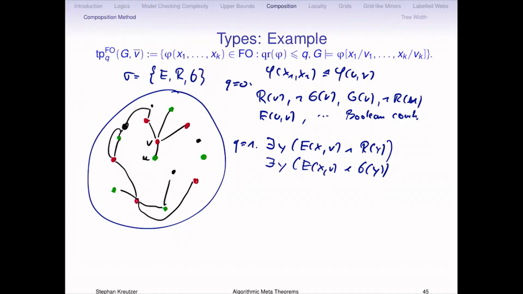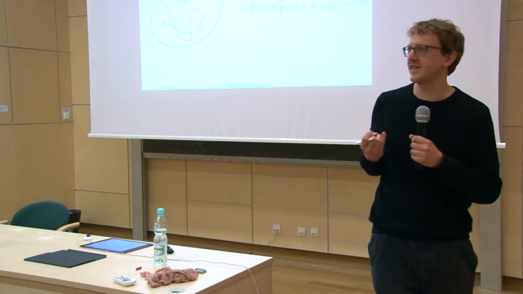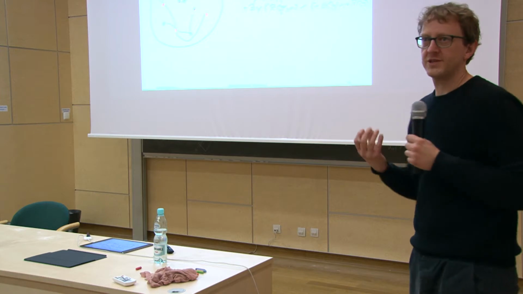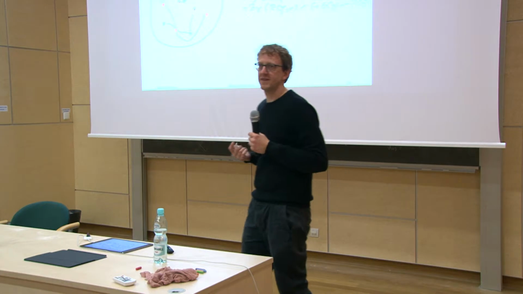Because here we have this green neighbor, here we have a red neighbor, and we can say there's no black neighbor. Sorry, these are all y's actually. And so on and so forth. You can start doing the same for V. You say, okay, well, it has a red neighbor, which is V. It does not have any other red neighbor, and it doesn't have any green neighbors or any black neighbors, and so on.